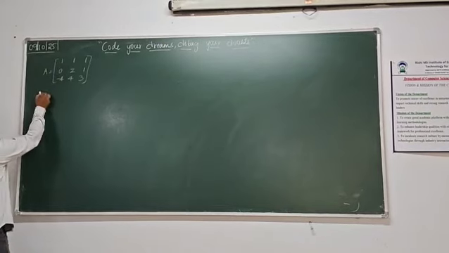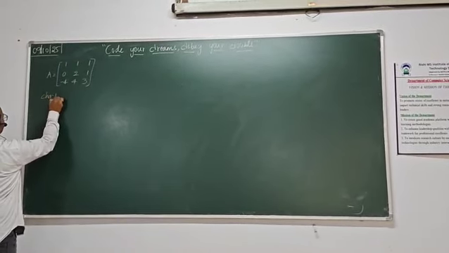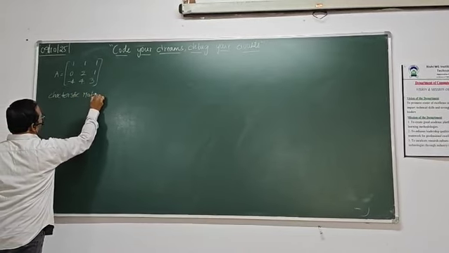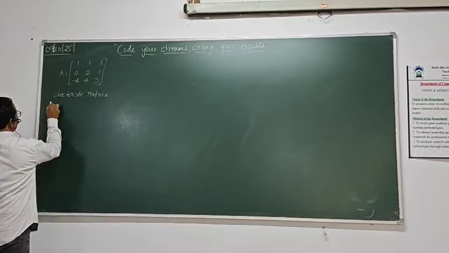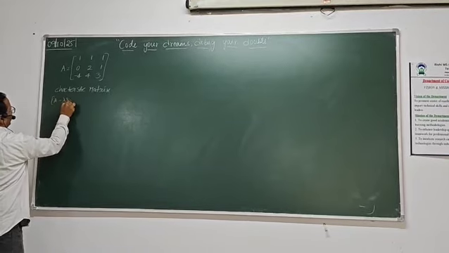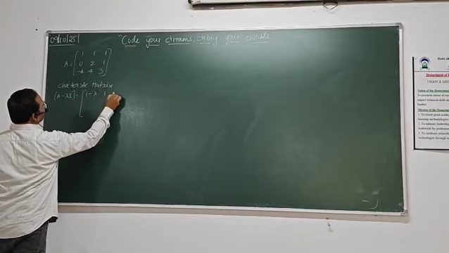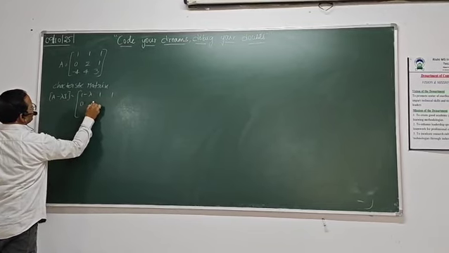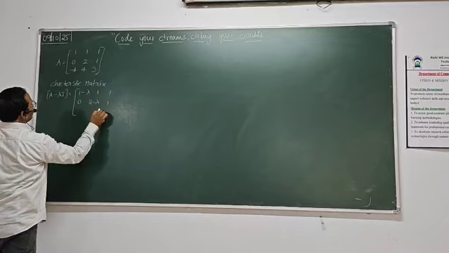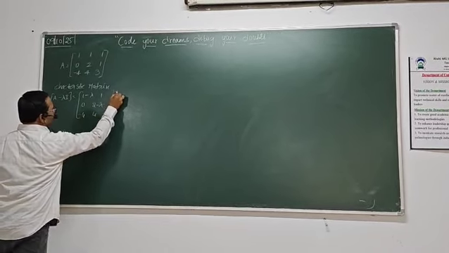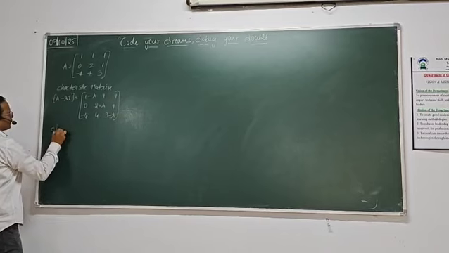First write down the characteristic matrix. A minus lambda I equals 1 minus lambda, 1, 1; 0, 2 minus lambda, 1; minus 4, 4, 3 minus lambda.